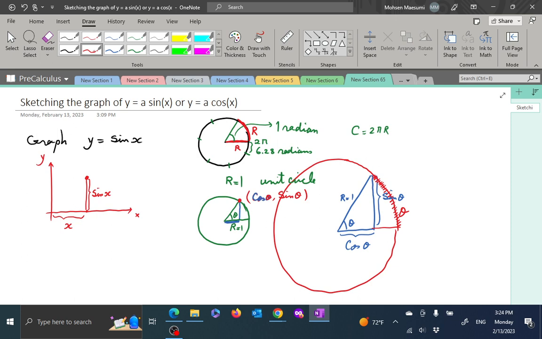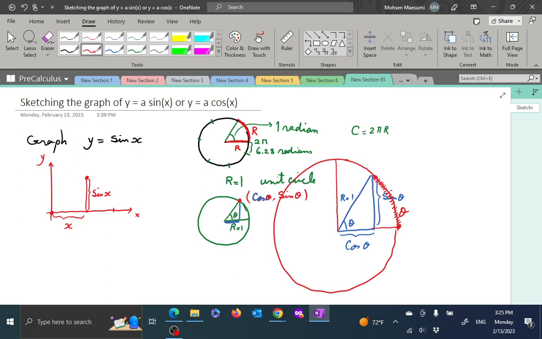When x is 0, the sine of x is going to be 0. So you start at this location. When x becomes pi over 2, same as 90 degrees, at that point sine becomes the largest it can be.